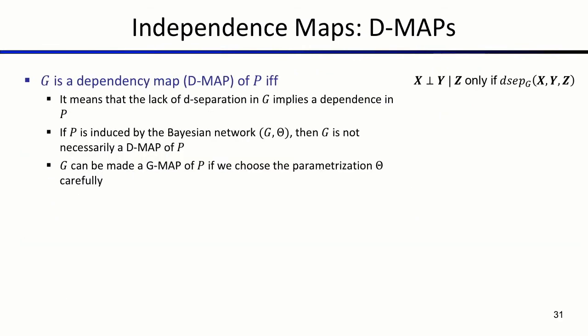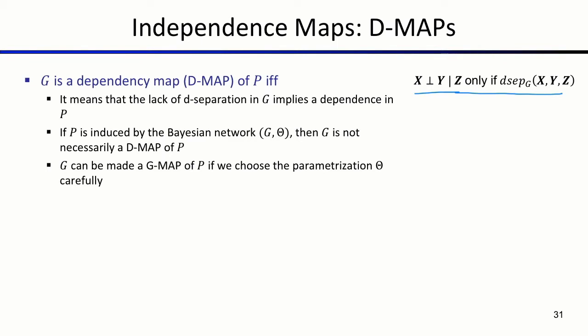And another concept is called DMAPs, and it stands for dependency map. And the dependency map means that if we have a dependency in the probability distribution, it will imply a d-separation. And we know that is not true, right?